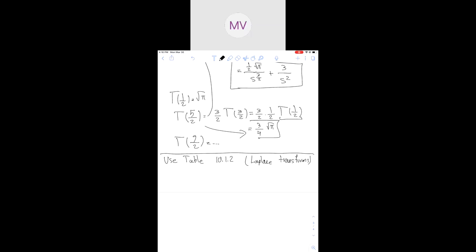And if you look at the table, if you have the book in front of you, we have already talked about the first 5 rows of that table. We talked about Laplace of 1, Laplace of t, t to the n, t to the a, and then e to the at, right? We have already found Laplaces of those. Now I'm going to continue finding Laplace of the next 4.